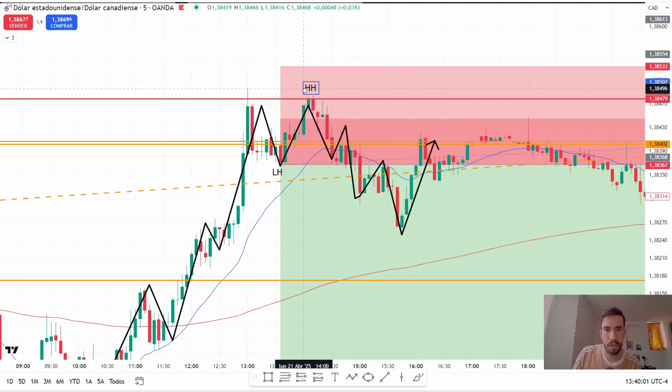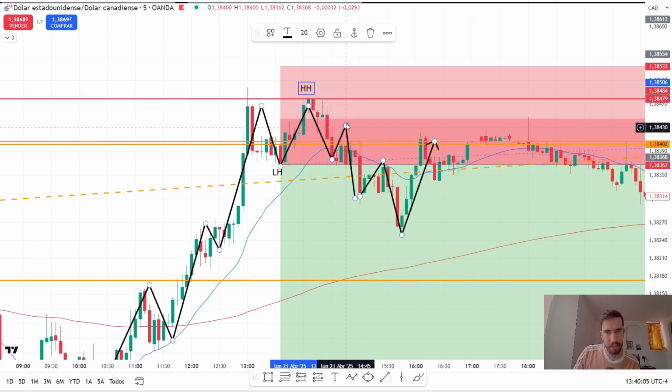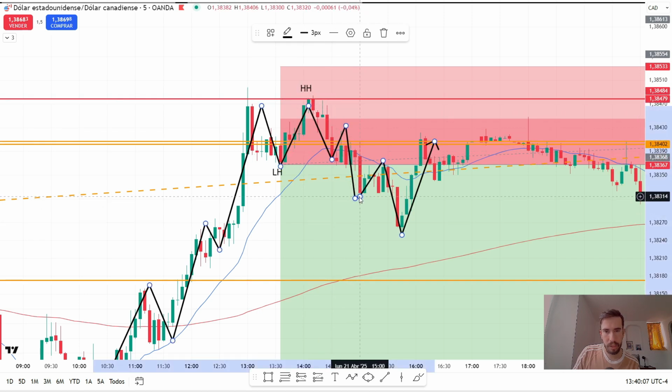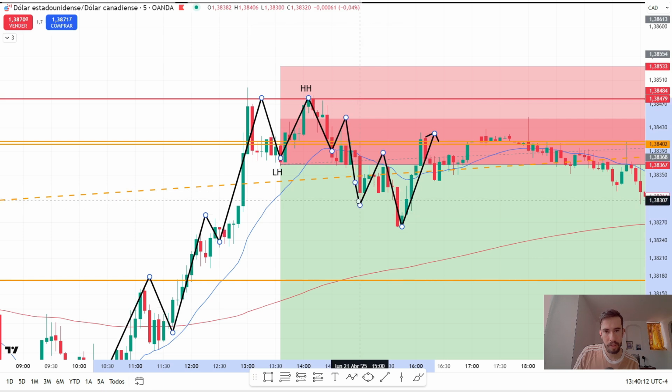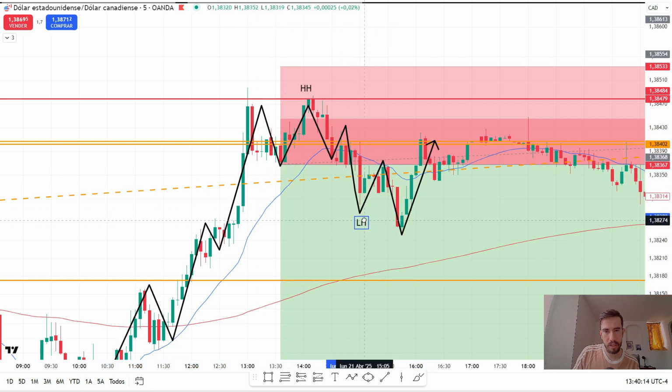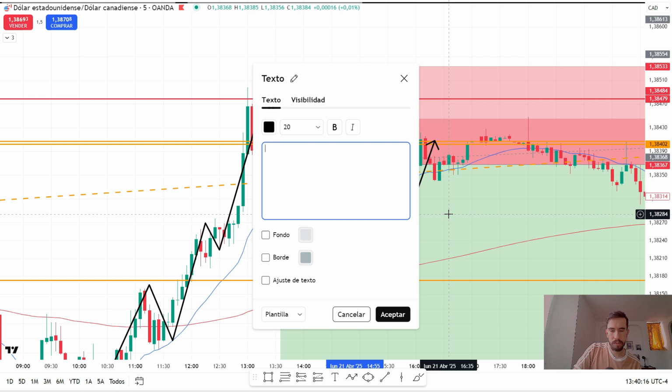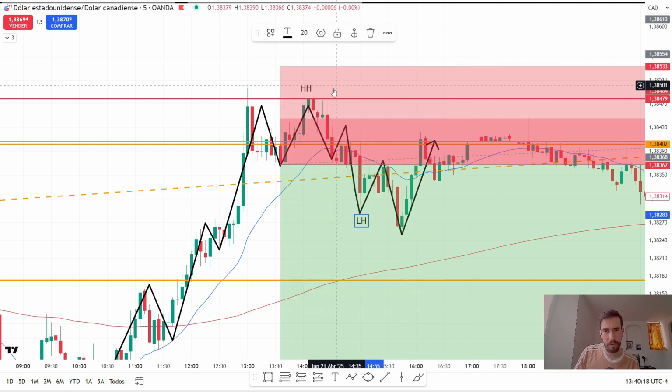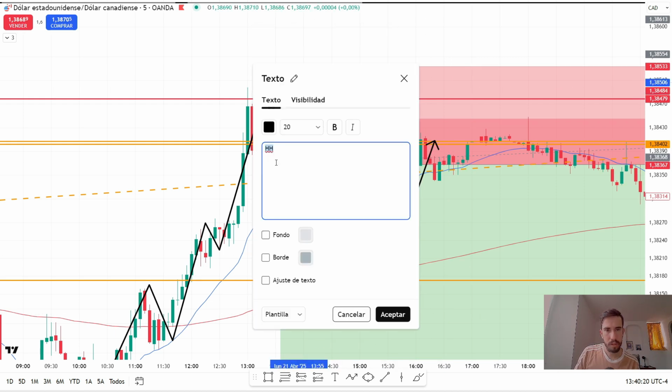Okay, so higher high, lower high, higher high, market structure, and boom, in here it breaks. Put 2 points here. It breaks. So this is the lower low now. Therefore, this becomes the higher low.